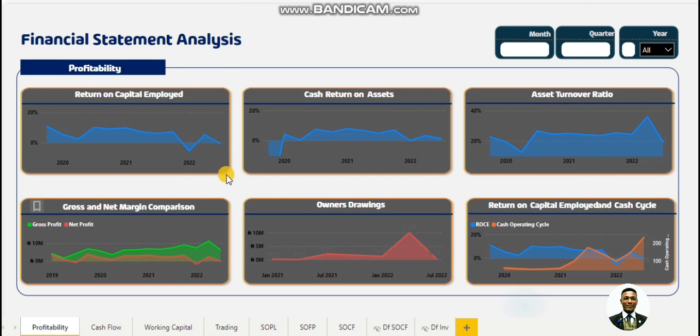What is the trend in the data of return on capital employed?